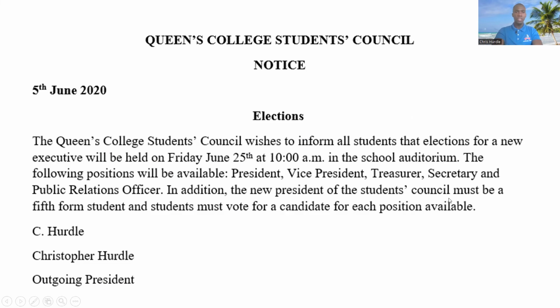So the Queen's College Students' Council wishes to inform all students that elections for our new executive will be held on Friday, June 25th at 10 a.m. in the school auditorium. The following positions will be available: President, Vice President, Treasurer, Secretary, and Public Relations Officer.